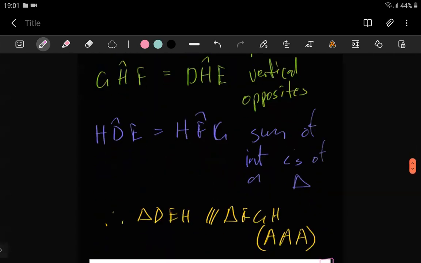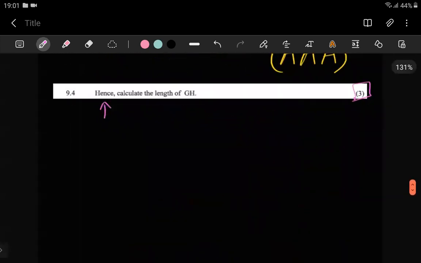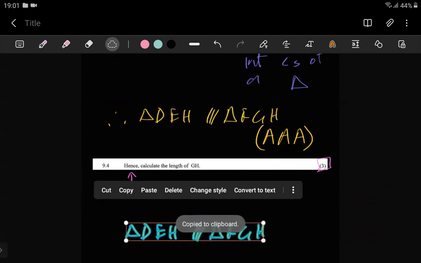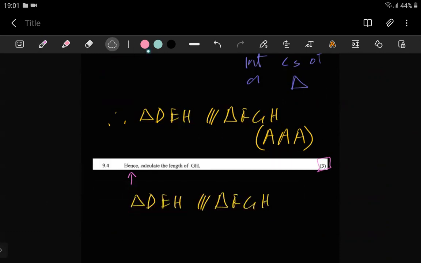Before we even check on the sketch where GH is, we may just start here and write out our expressions. From these two being similar, we automatically know that we are able to write out the following expressions.